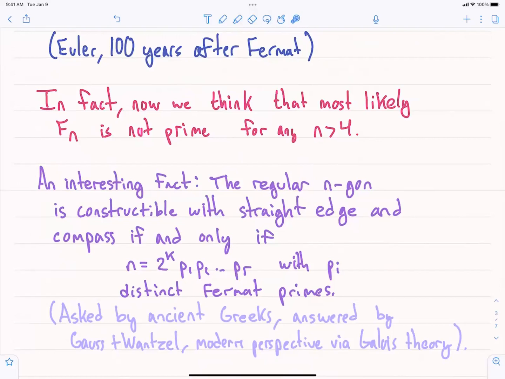A regular n-gon just means all sides are the same length, so then all the angles are the same angle. Like a square is a regular four-gon. A regular pentagon looks like this. Those are all supposed to be the same length. It's a regular 5-gon.